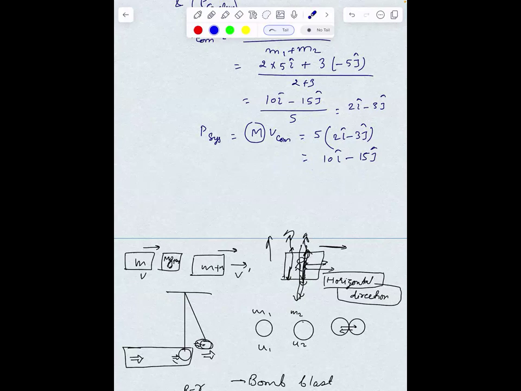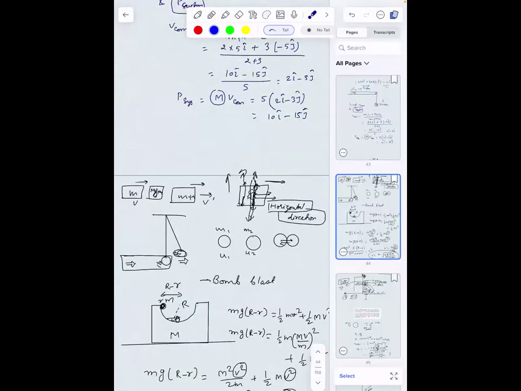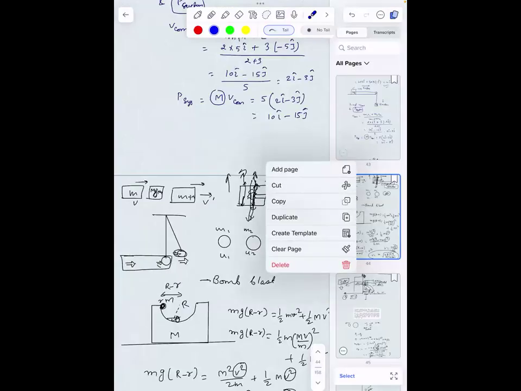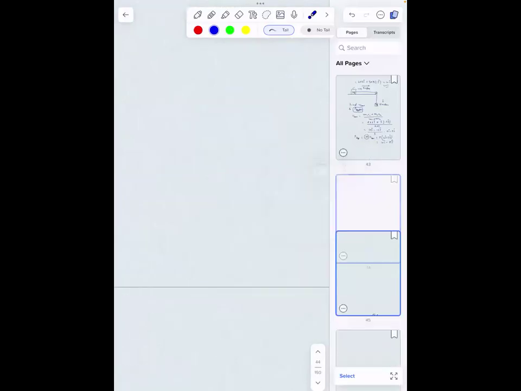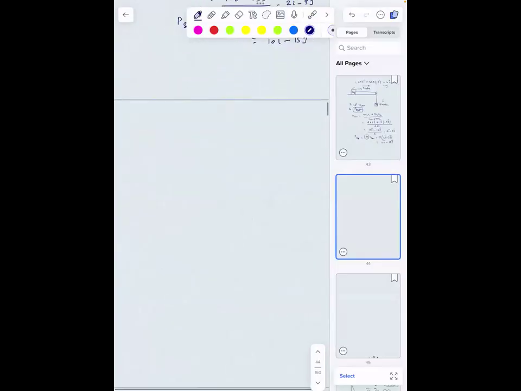Okay, guys. Now, another question based on the same pattern. Let me ask you all. I have taken the next question. A pulley is like this.